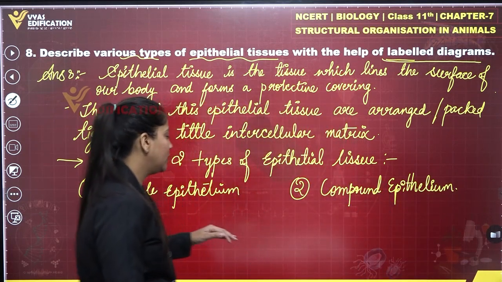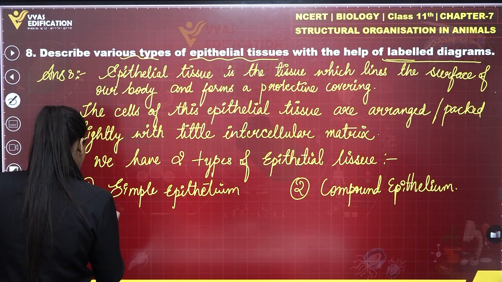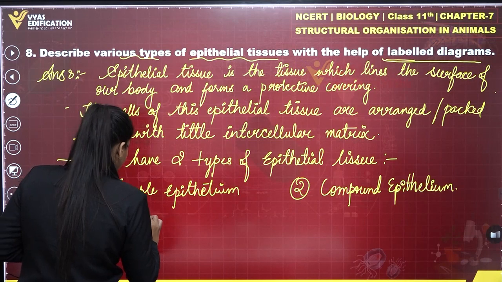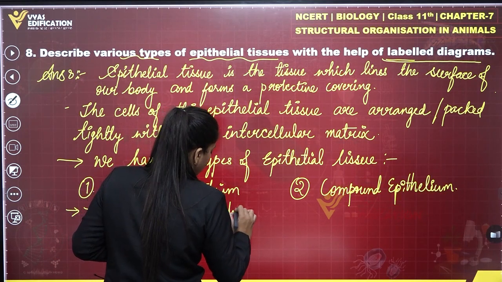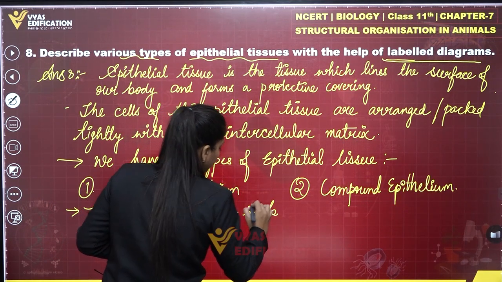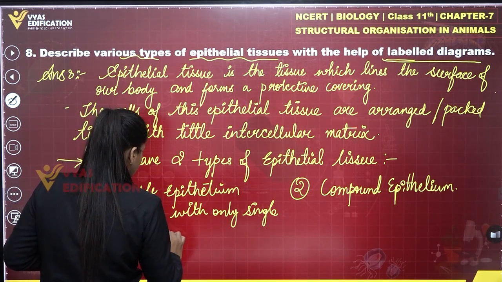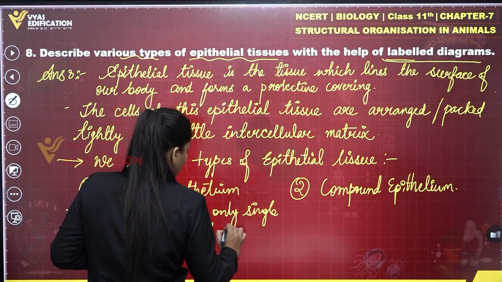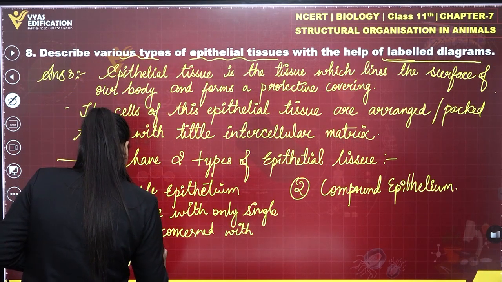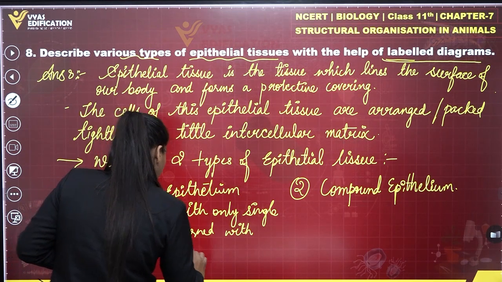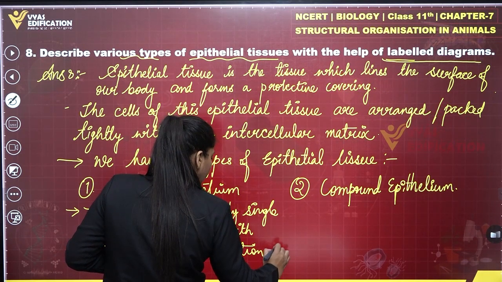Now, we will write the definitions of simple epithelium and compound epithelium like this. Simple epithelium is the tissue with only a single layer of cells, concerned with the function of absorption and secretion.